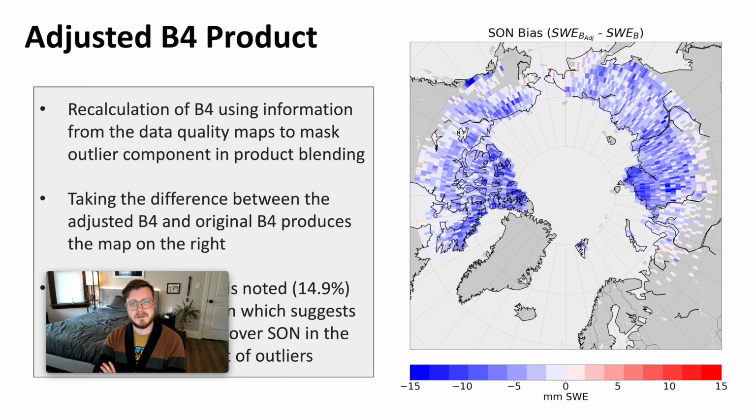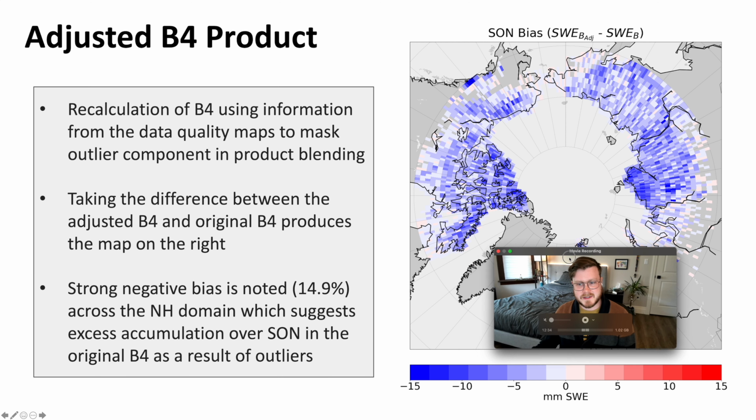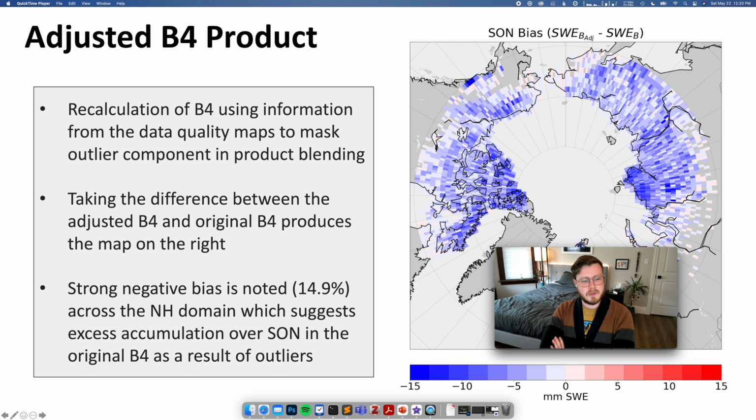When we take the difference between that adjusted product and the blended product, we can see the strong negative bias that occurs between the two over the northern hemisphere domain. This suggests excess accumulation in the original blended 4 product as a result of the outliers, again suggesting a large amount of accumulation that could be classified as an outlier or statistically inconsistent with what we would expect to see from year to year.